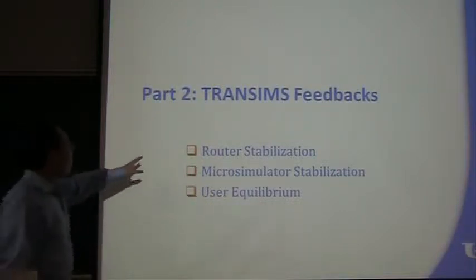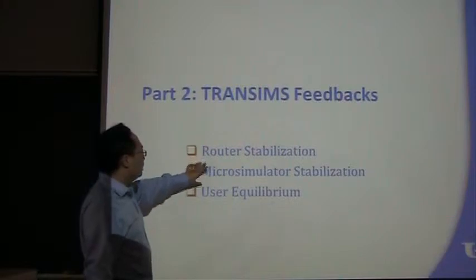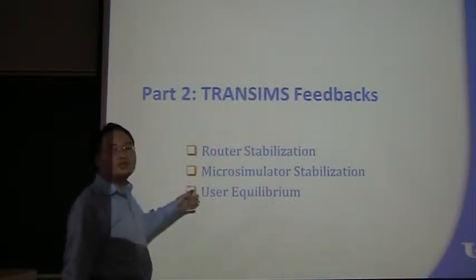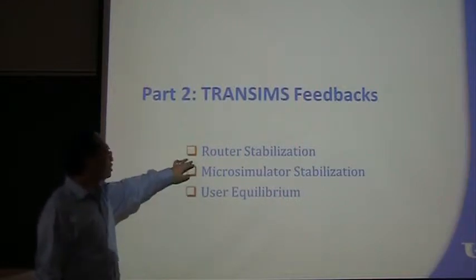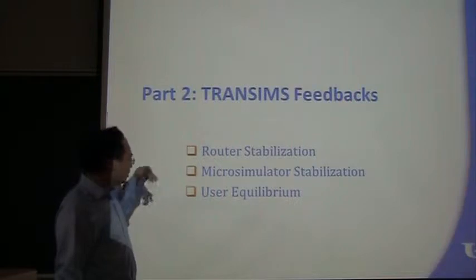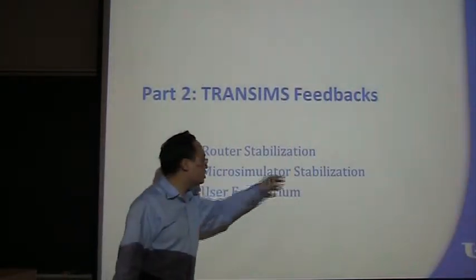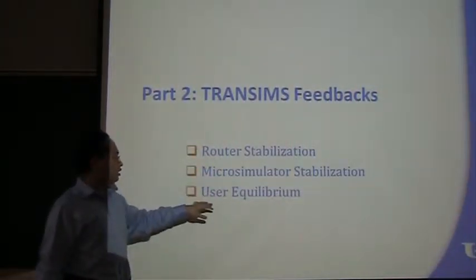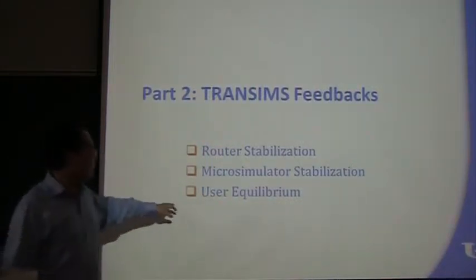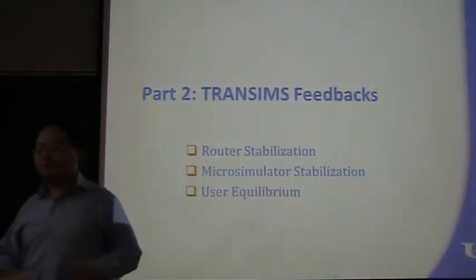In Transims, in most literature or most projects, we divide the feedbacks into three stages. The first stage is called router stabilization. The second one is called micro simulator stabilization. And the third one is UE that we talked about in the last lecture, which is the goal for us.